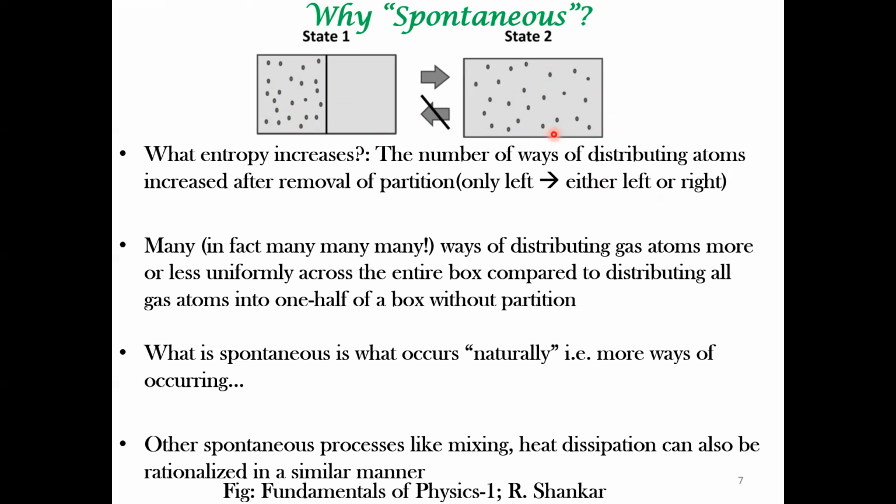So many things associated with entropy become much more intuitive and make sense if you ask the question, how many ways can a state be arrived at. Here, there are many more ways of arriving at this state.